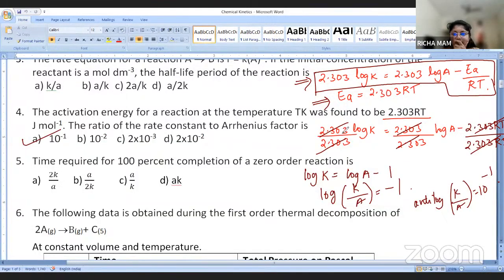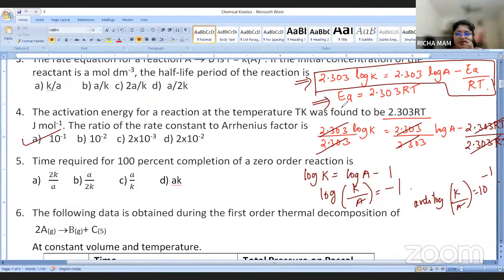So what all things have we been given? Activation energy is given. What was the temperature found? T Kelvin. That was 2.303 RT activation energy. So they have told you to find out the ratio of rate constant to the Arrhenius factor. So according to the equation, 2.303 log of K is equal to 2.303 log of A minus EA by RT.